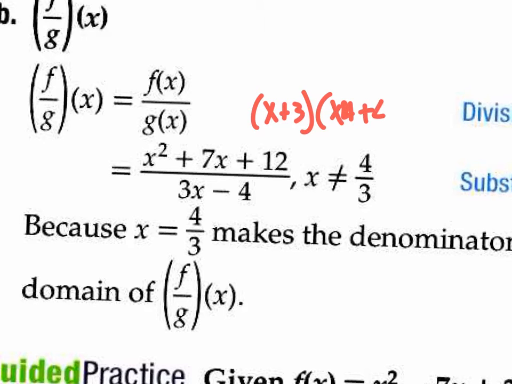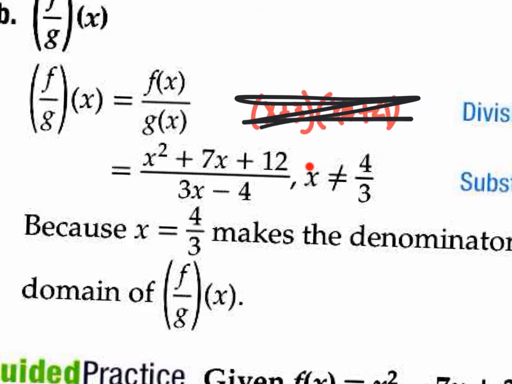Whoa. But as you can see, the x plus 3 or the x plus 4 is not on the bottom. It would be nice if you had an x plus 3 down here. That way you could cancel the x plus 3. Or the x plus 4. If you had an x plus 4 down here, you could cancel the x plus 4. But because you can't cancel out anything, it's pointless to factor. So you would just leave it like that.